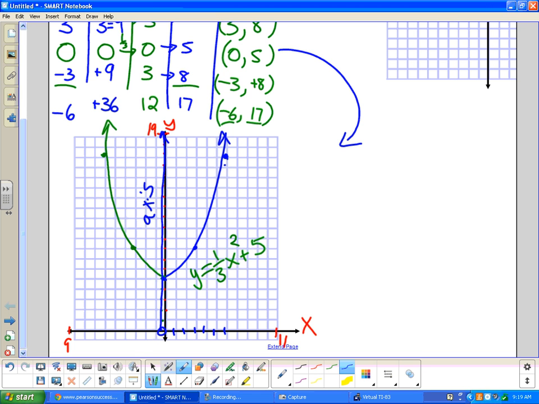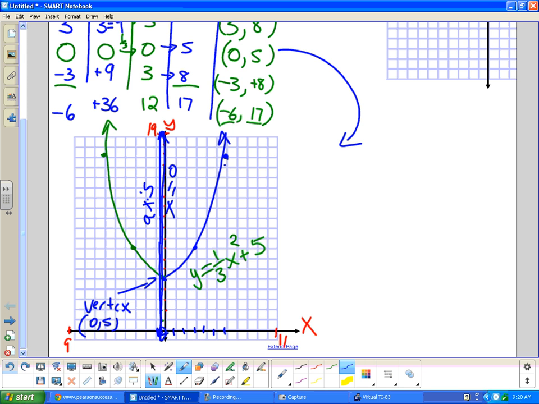That's your axis of symmetry. Your vertex would be right here. So we can label that. Our vertex is at 0, 5. Our axis of symmetry is x equals 0, which is this blue line coming up here.